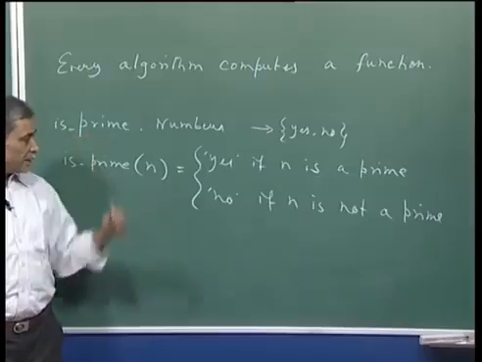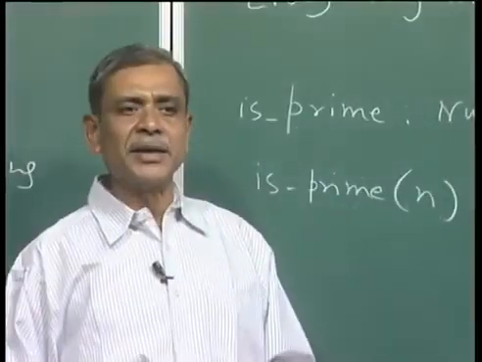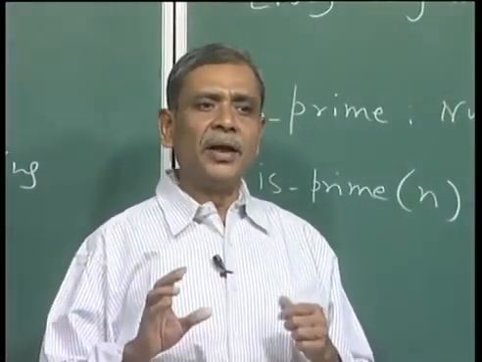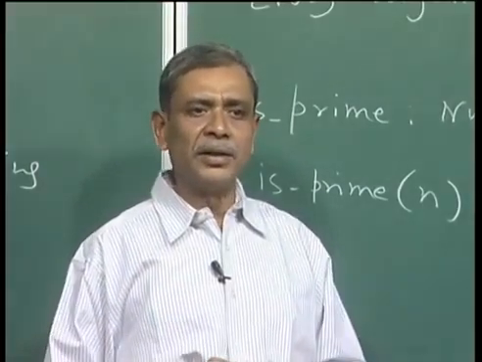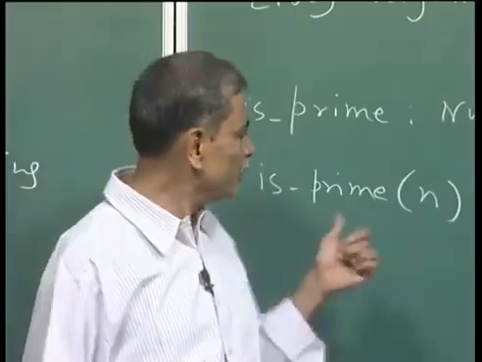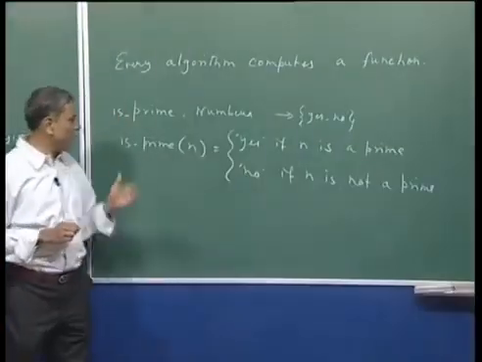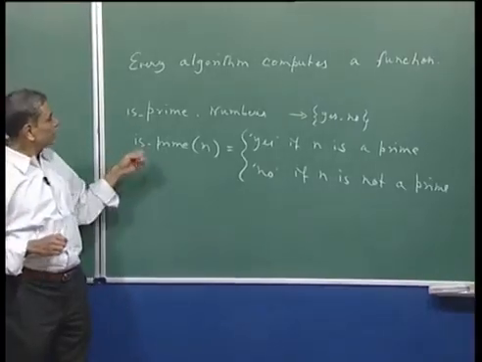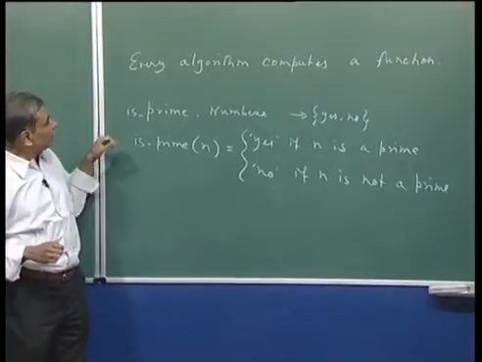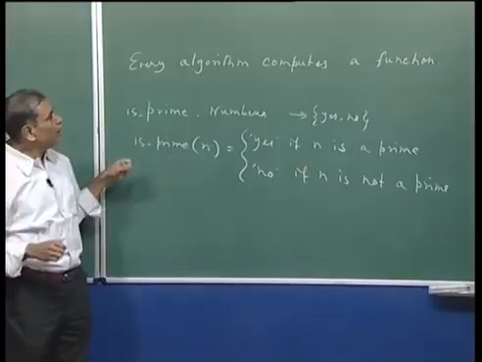And that how to should be expressed in terms of simple operations which can be carried out on a computer, right. In other words, we would like to write a program to compute this function. So, you see that underlying that program, that algorithm is computing a function.